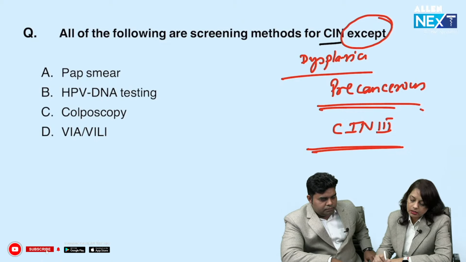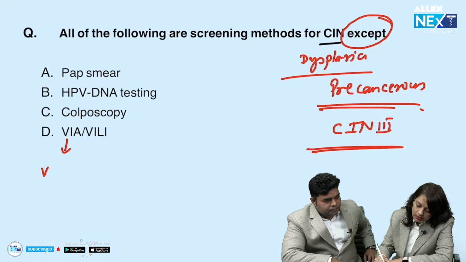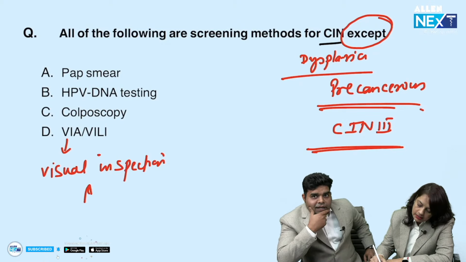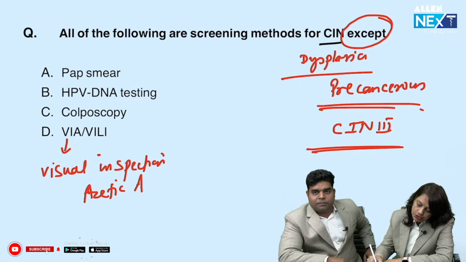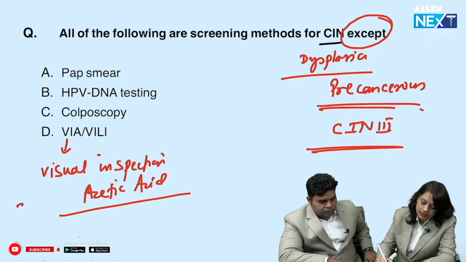The options given to us are pap smear, HPV DNA testing, colposcopy, VIA or VILI. Now, what is VIA? VIA means visual inspection under acetic acid. What percentage of acetic acid is used?